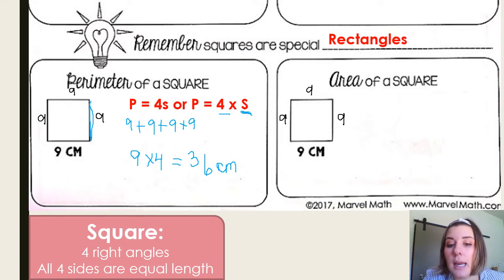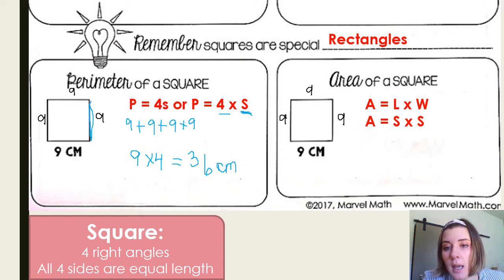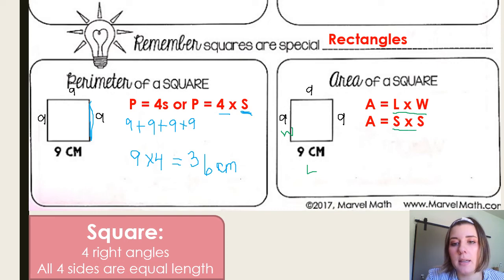Now, for the area of a square, it's the same thing. If I only have one side labeled, that's okay because I know they're all the same. If area is solved by length times width, but they're the same, then we can say area of a square is just side times the side. 9 times 9.